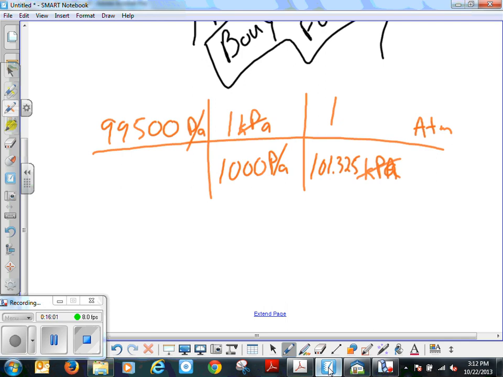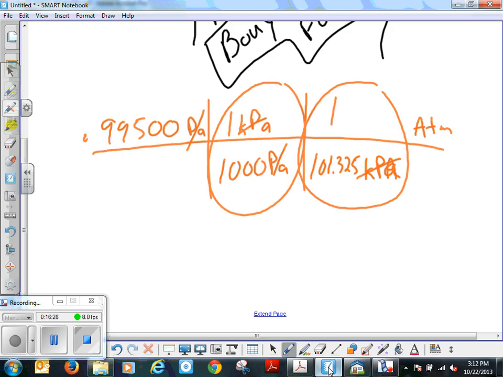So now we can put it into our calculator. Go ahead and put this into your calculator. You start with this number. What do you do for this piece of it? You divide by 1,000, right? Because it's on the bottom. Then you push equals. And what do you do for this piece of it then? You divide, because the number's on the bottom. So you divide by 101.325, and then you should have your atmospheres.